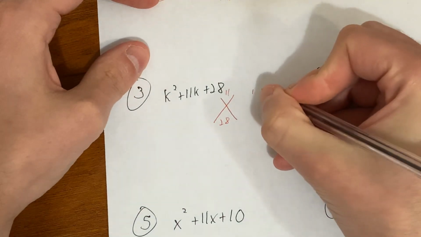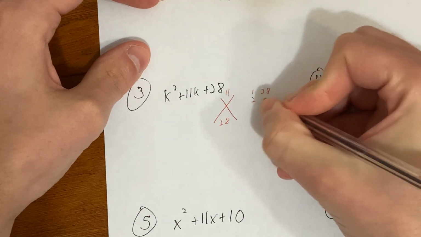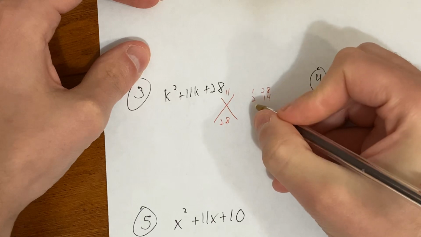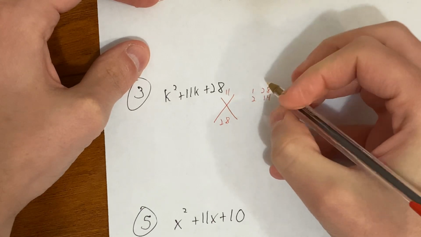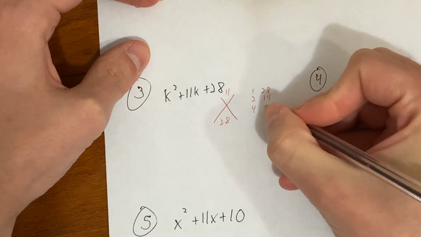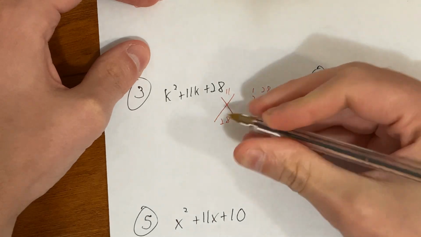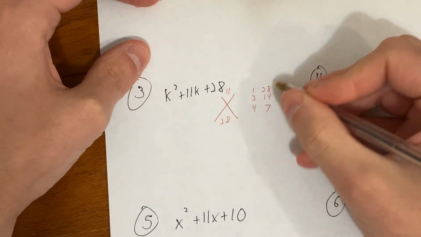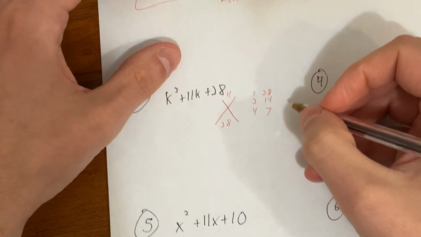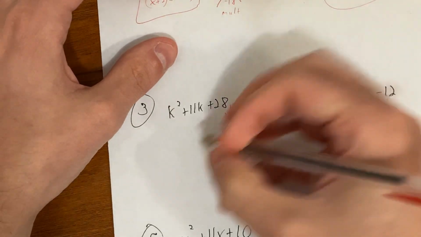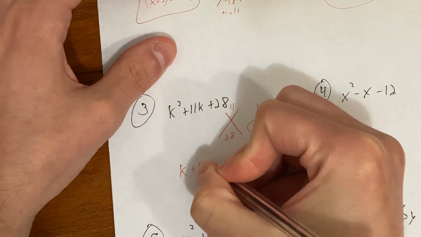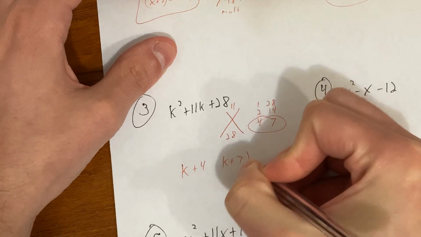Maybe it's 1 and 28. Maybe it's 2 and 14. Maybe it's 3, no, it's not 3. 4 and 7? 5 doesn't, 6 doesn't, 7 is back where we are. So it's definitely one of these. Looks like 4 and 7. So k plus 4 and k plus 7.